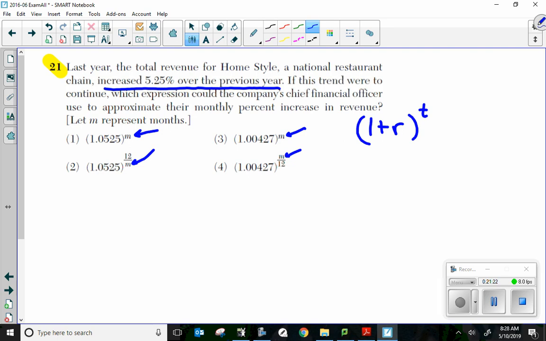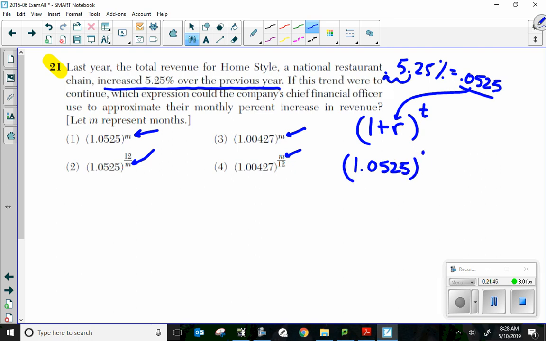Okay, the rate, 5.25%, needs to be in decimal, meaning without the percent, which means I slide this over twice. So it's 0.0525. That is what's going in for R. So it is 1 plus 0.0525. And if I add those, it's 1.0525 raised to time. Now, you might be saying to yourself, oh, okay, it's number 1. It is not.